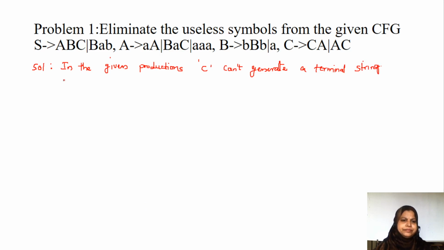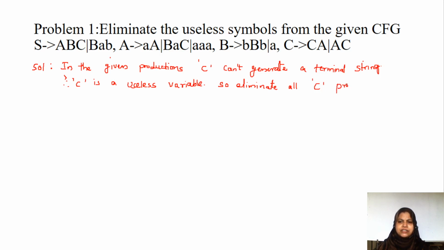Therefore, eliminate all C productions from the given CFG.